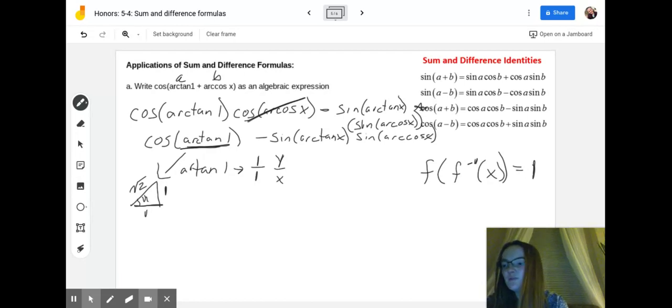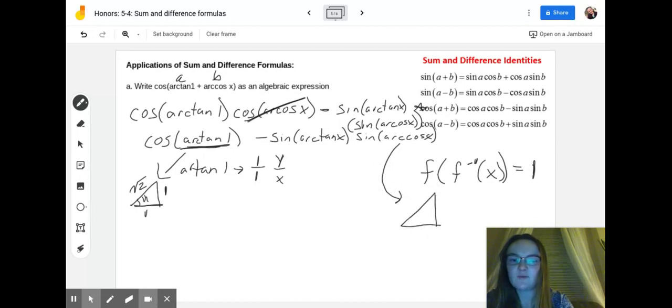Okay, so the cosine of the arctangent of 1, we are going to be able to evaluate that. Let's see if we can draw another triangle for the arc cosine of x. Well, if I write x as x over 1, I know that cosine is equal to adjacent over hypotenuse. So the hypotenuse here is 1 and the adjacent is x. Let's use the Pythagorean identity to find the other piece. 1 squared is equal to x squared plus, we'll say, question mark squared.